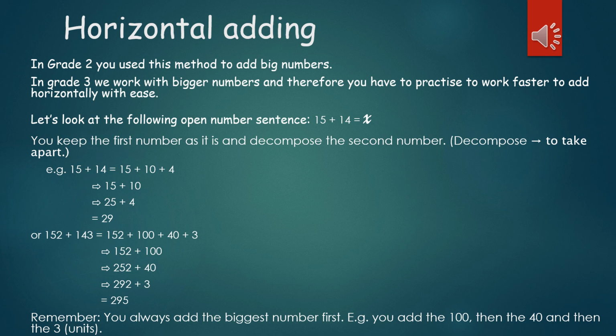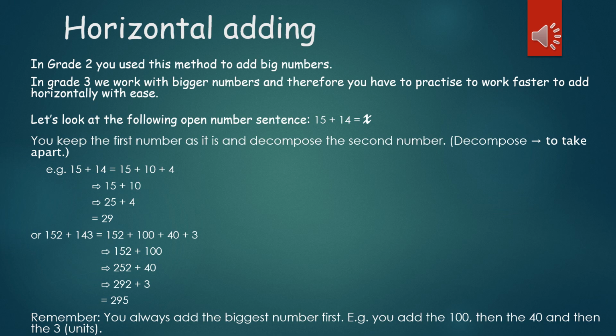You keep the first number, 152, and then you decompose the second number, so it's plus 100 plus 40 plus 3. 152 plus 100 is 252. 252 plus 40 is 292, plus the 3 units, and that equals 295.